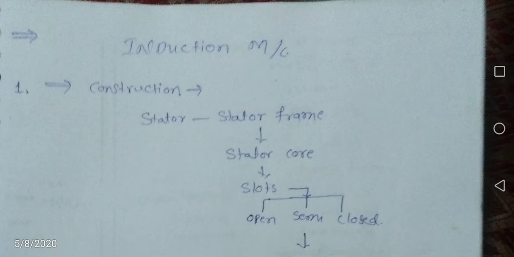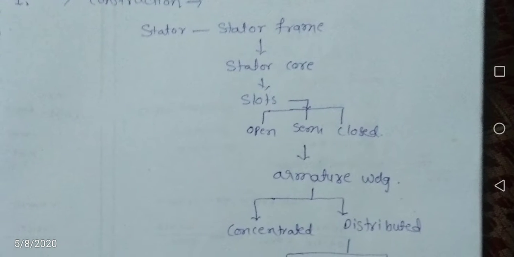So in the induction machine, semi-open slots are used because the semi-open slot gives the partial advantage of open and closed slot. In the semi-open slot, the armature winding is placed. The armature winding is of two types, concentrated and distributed, and the distributed windings are used.